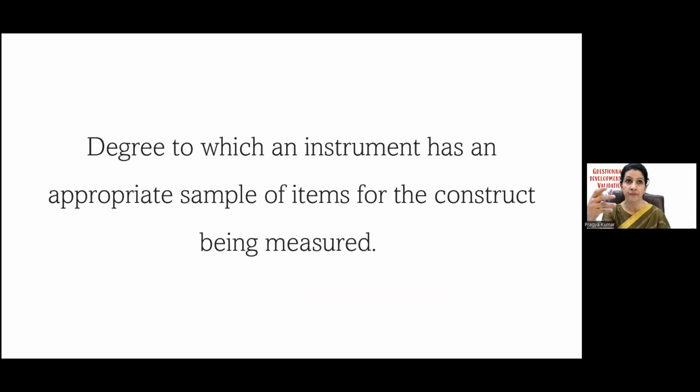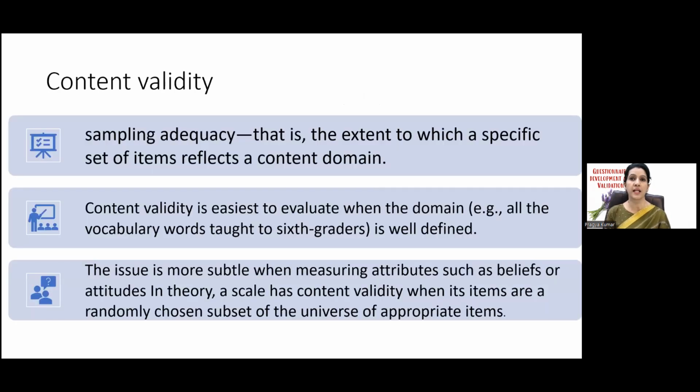So the degree to which an instrument has an appropriate sample of items for the construct being measured, that we understand by content validity. The first one is the sample adequacy. So what do we mean by sample adequacy? From the initial pool, what we have sampled, to what extent does that specific set of items reflect that domain or not?